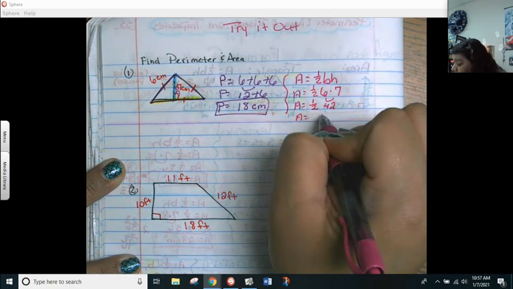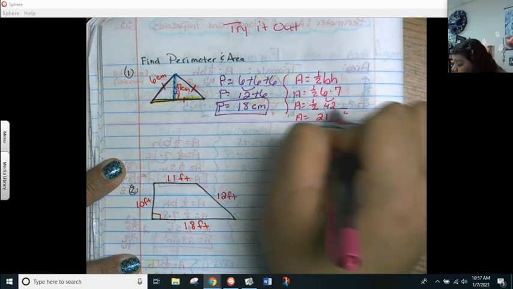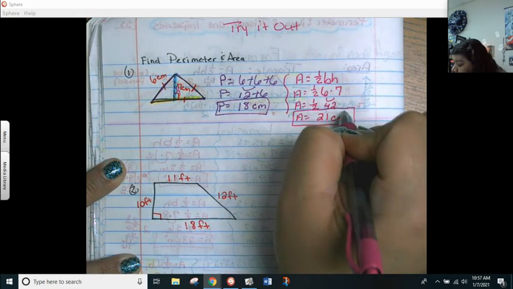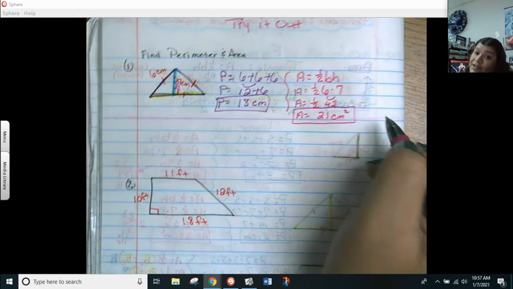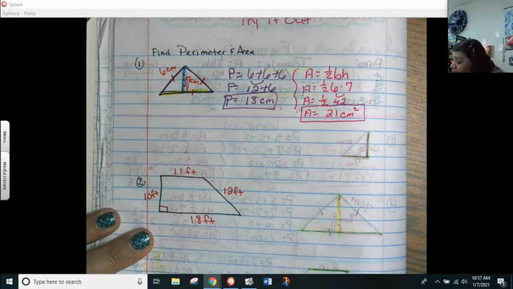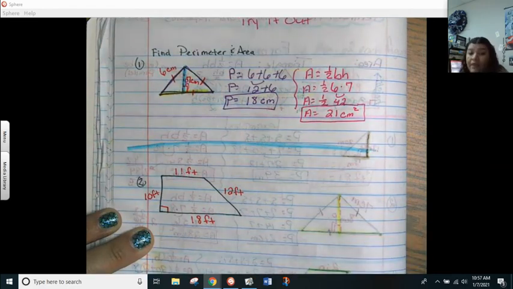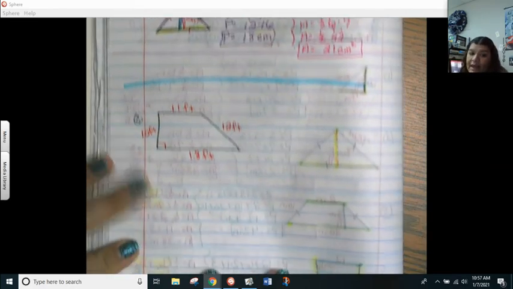And 42 divided by 2 is 21 centimeters squared. Y'all get 21, y'all get 42. So don't forget, you have to divide by 2 because it is half of a parallelogram. Okay, it's half.